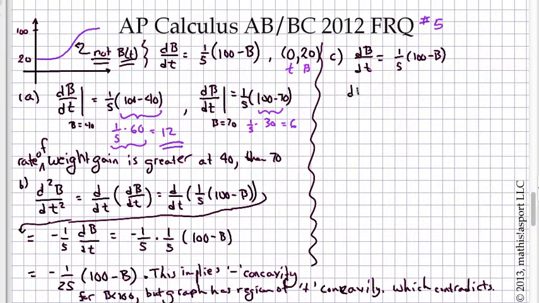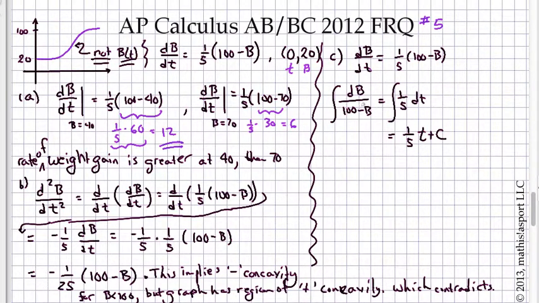We get dB over (100 minus B) equals 1/5 dt. We perform the integration on both sides. This side is straightforward. We get 1/5 t plus a constant.